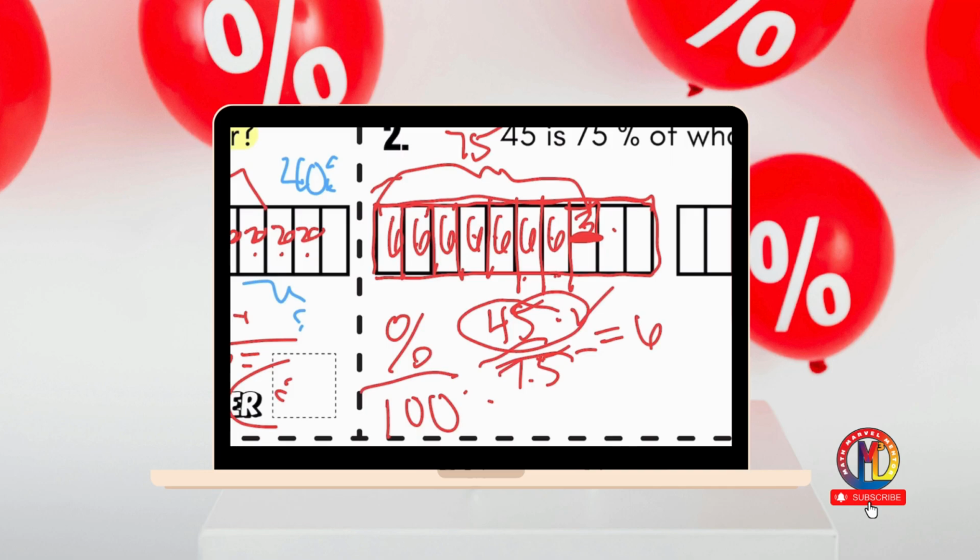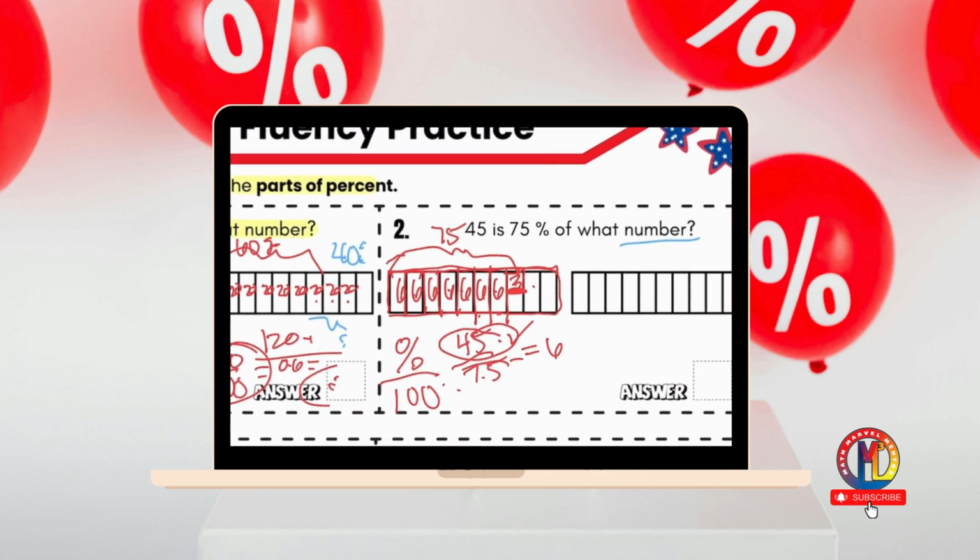And then now we need to figure out, it says of what number. So we want to know what this whole amount is. We need to find the other 25%, which is going to be represented here. Well, we already know a lot. We know that each of these has to be 6, and that's going to be 3 because it's half.